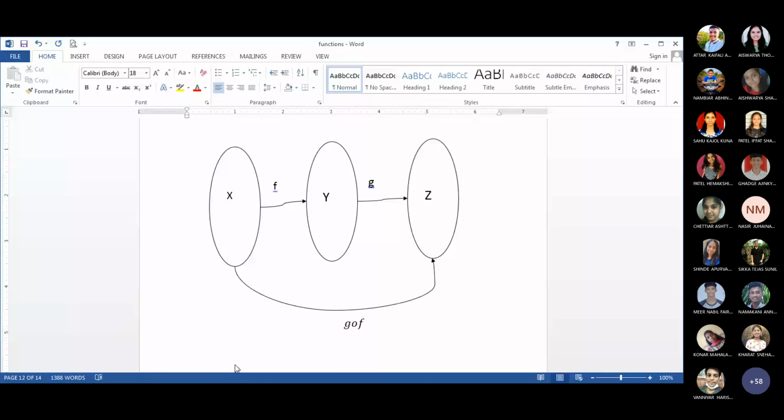Again I repeat, F composed with G कब exist होगा? जब G का कोडोमेन same as F का डोमेन. तो remember, composition दो है.